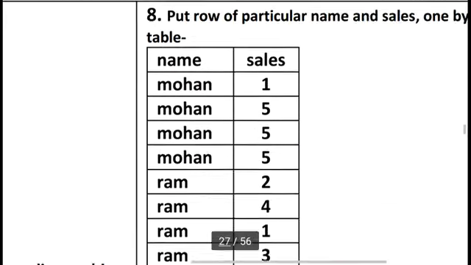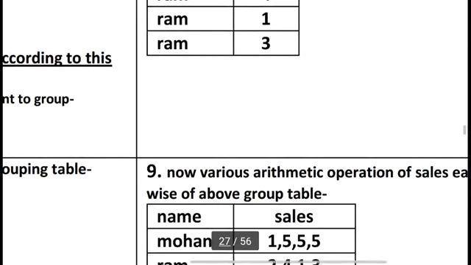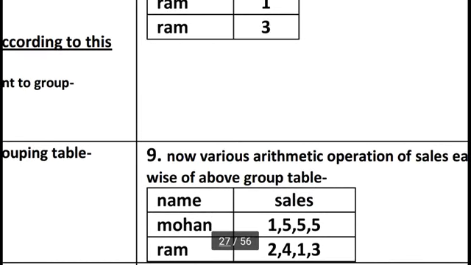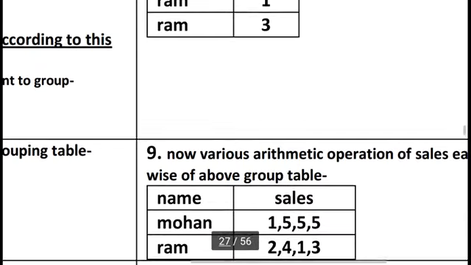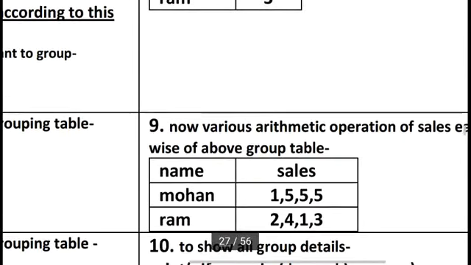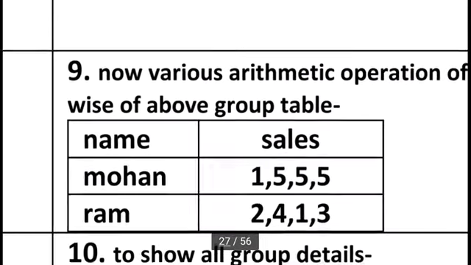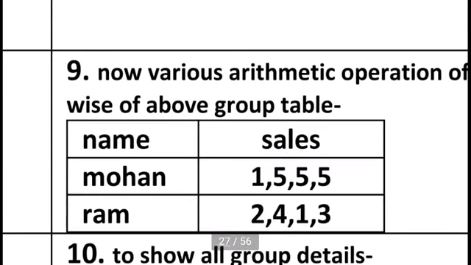So you can see 1, 5, 5, 5, these are all the sales. I want to put only one Mohan here, and this is Ram, with 2, 4, 1, 3. So all the sales will be put here. So this is our final group table. Python will create it inside the memory, but this is not our target, it is only for understanding purposes.